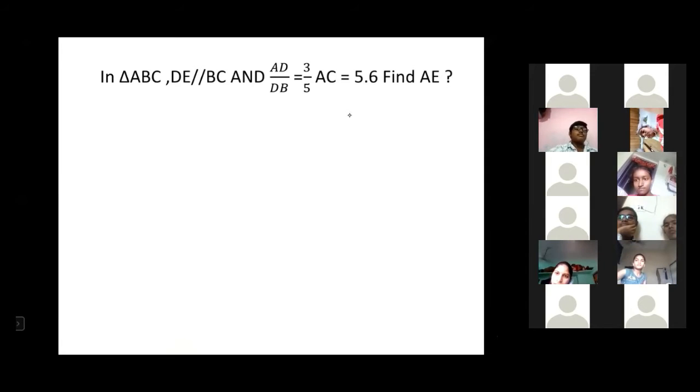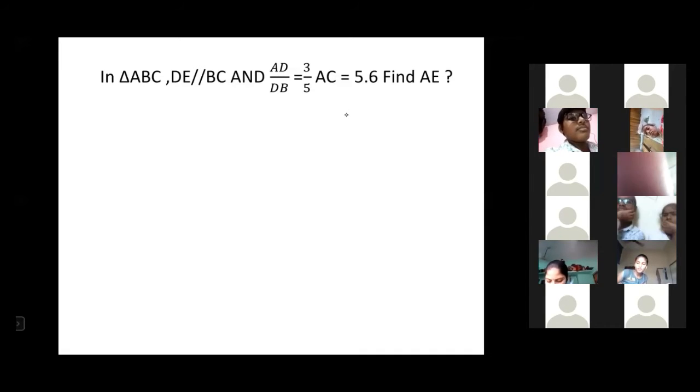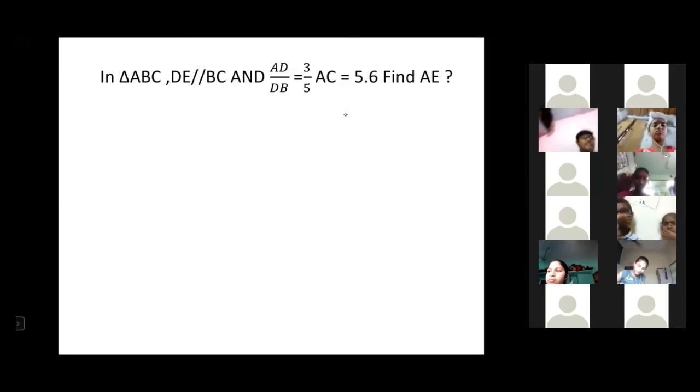Find AE. For any geometrical problem, sometimes you may not understand the problem directly. So first you draw the picture, then write the values in the picture. Then it is easy to understand what is given and what is required to find.